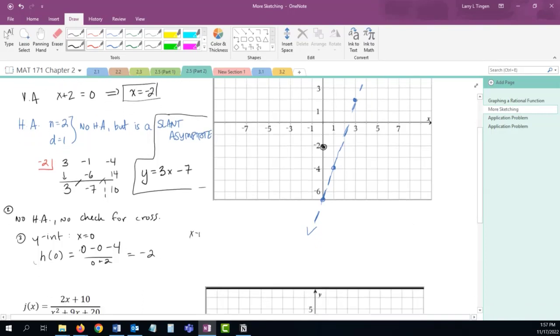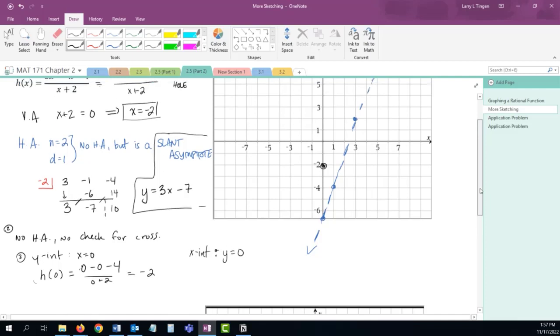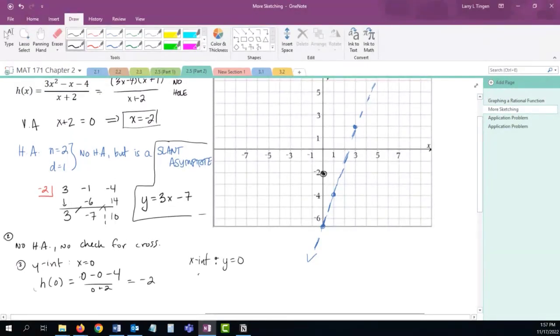Okay, how about my x-intercept? Let y be 0 and find out. So that means I have 3x squared minus x minus 4, all divided by x plus 2 equals 0. Now I'm going to jump 2 things here. Remember, I said you can't divide your way to 0.